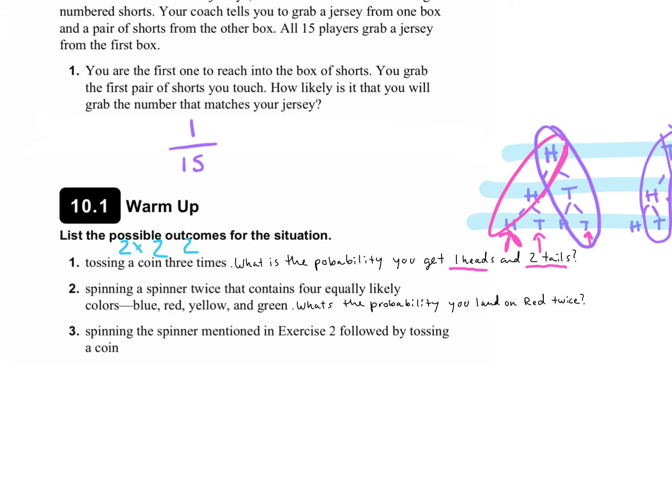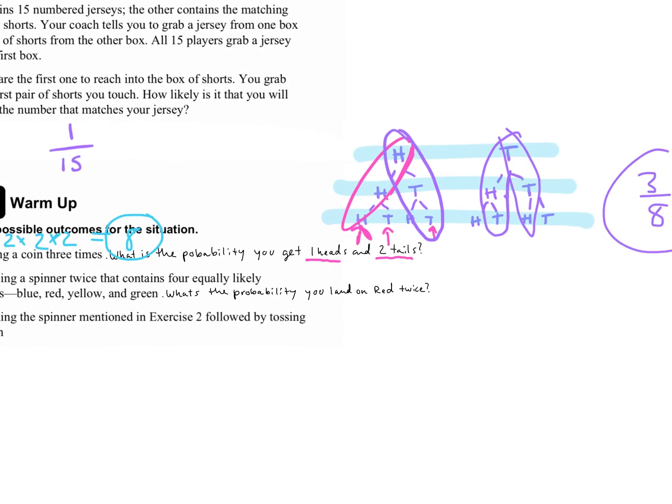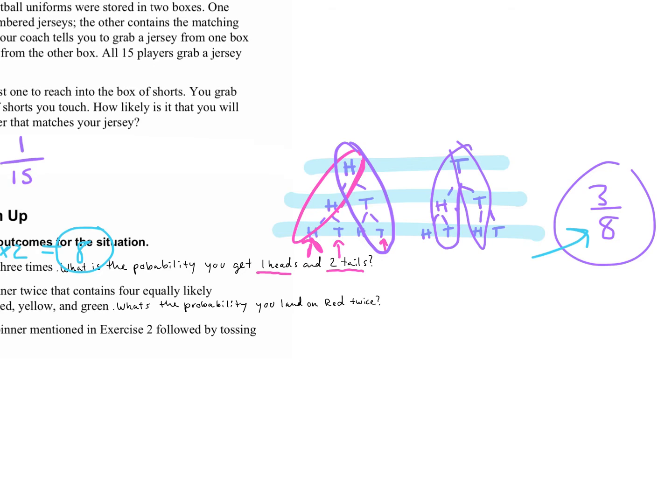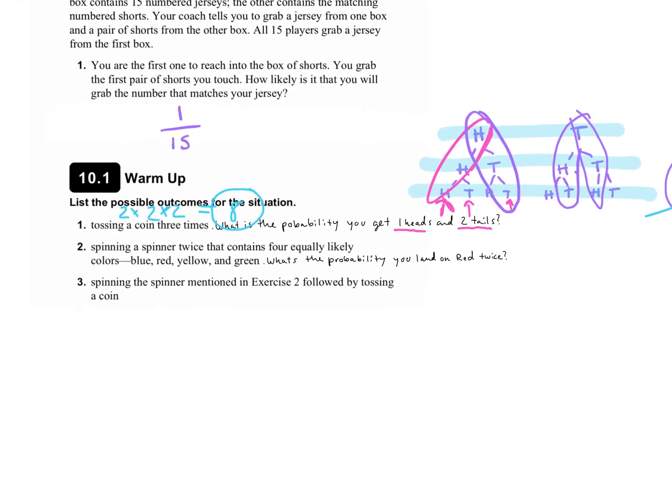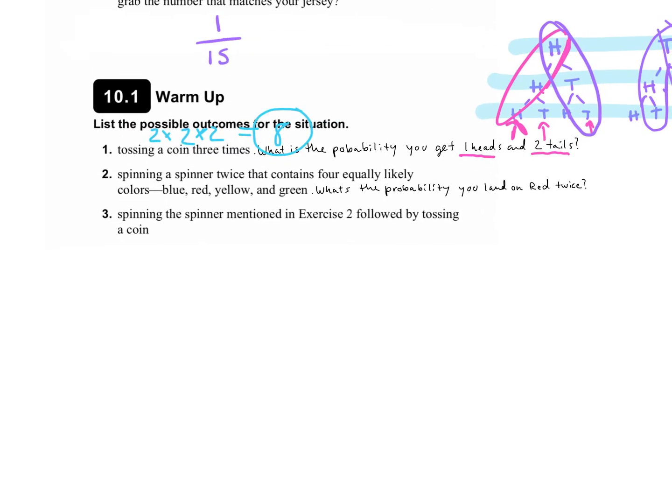If you multiply these 3 together, so you're multiplying the outcomes in each of the 3 flips, that would give you 8. So we have 8 possible outcomes total, which is, again, how we got that denominator 8. So you can always multiply how many different possible outcomes for each event to get your total possible outcomes. Or you can just draw the tree like we did here.